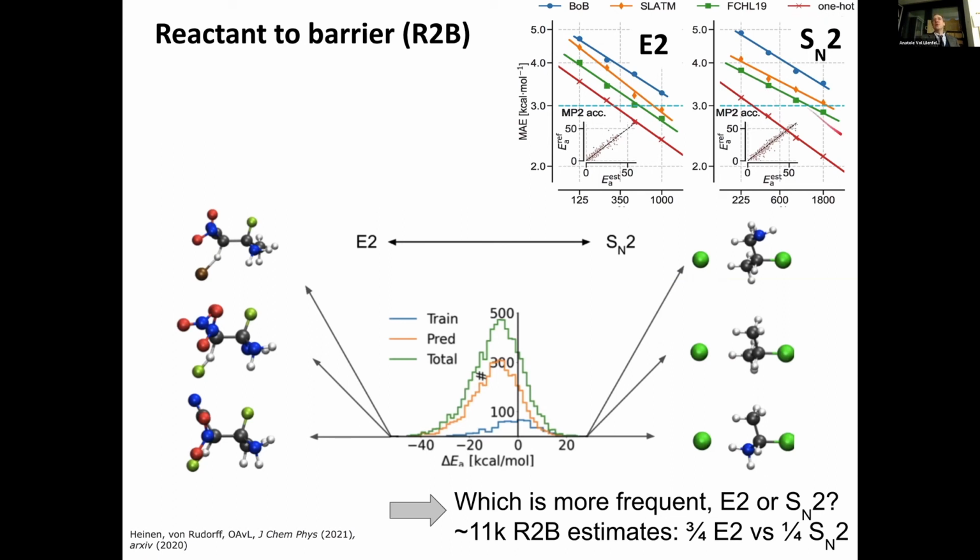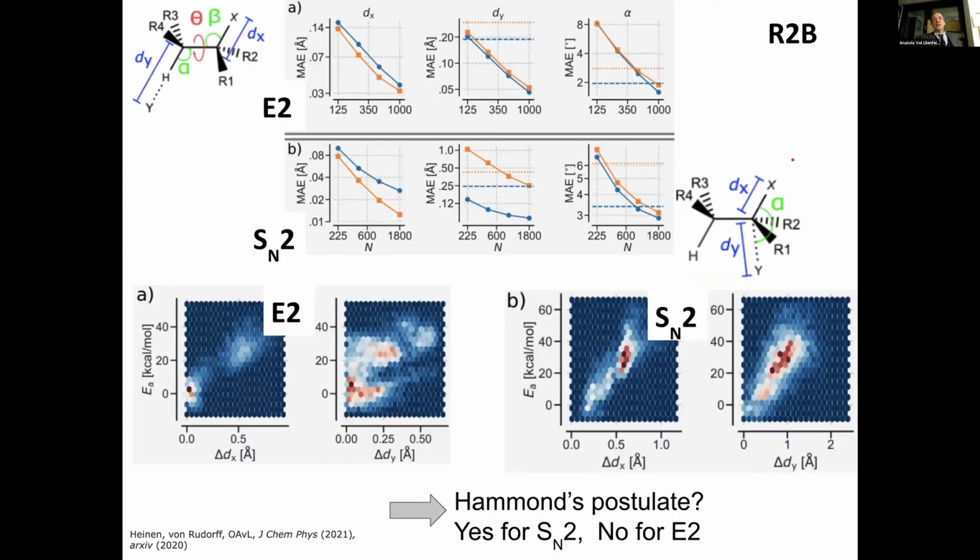And for SN2, you also see learning curves, and we guesstimate that at 3 kcal/mol or so, you have the accuracy of MP2. This is a threshold which you would certainly like to reach. For 400 compounds in the case of E2, or for something like 800 compounds in the case of SN2, you would reach, roughly speaking, MP2 accuracy.